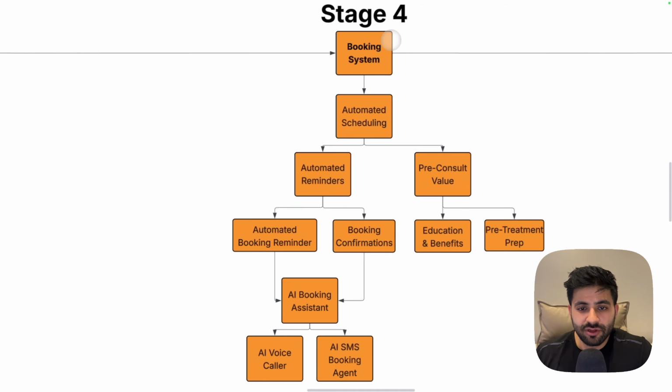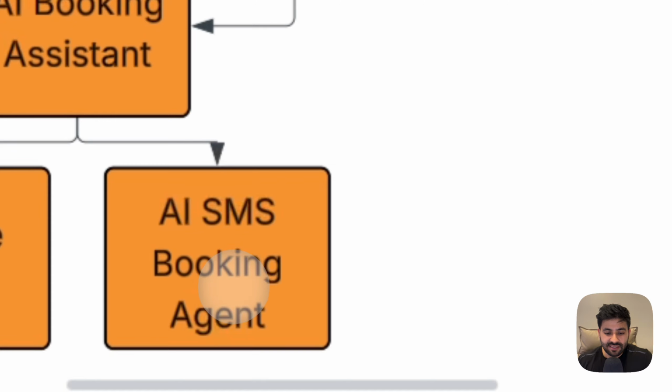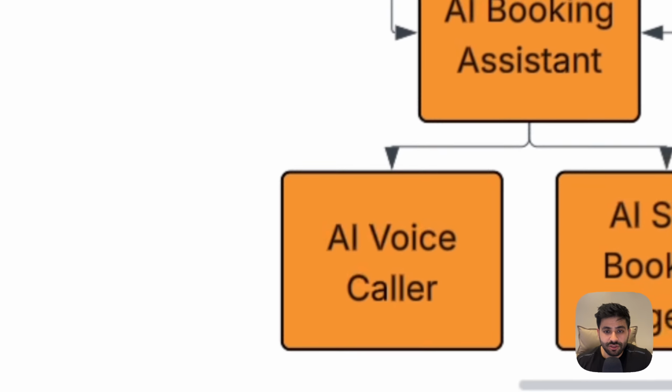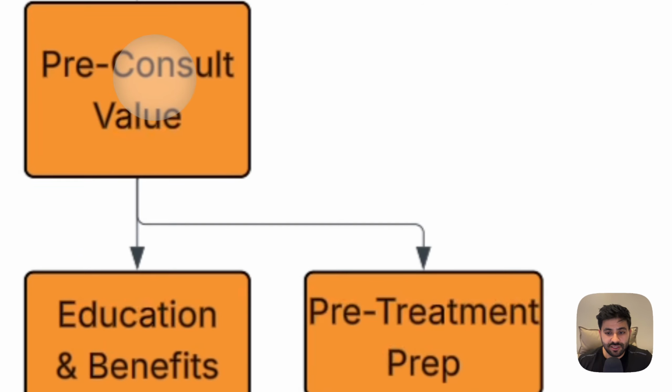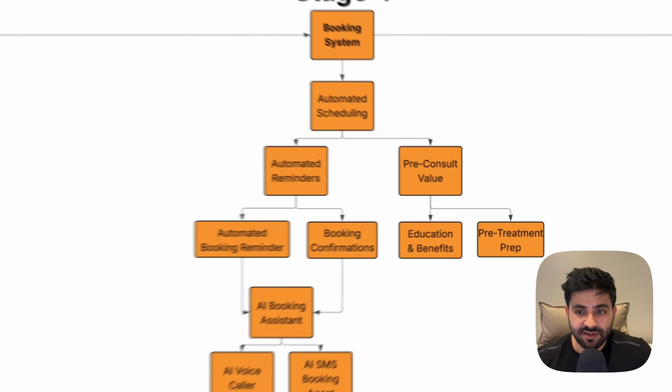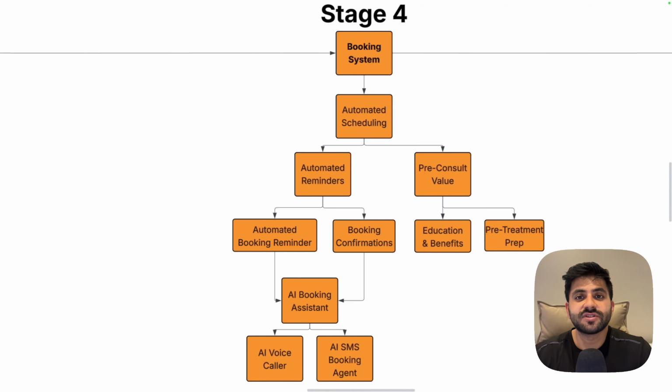The AI not only confirms the best time, but it also uses SMS and the voice caller to confirm it. And on top of that, we're using automated scheduling to make sure that we're delivering pre-consult education with frequently asked questions, what to expect, video assets, or even social proof of previous customers who have gone through the same treatment, right?